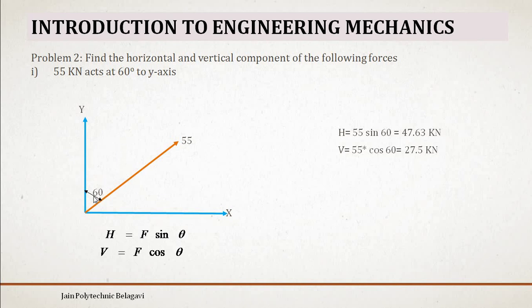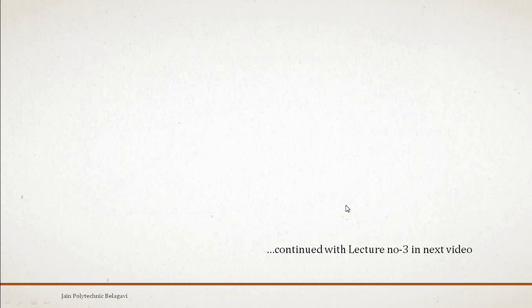Because theta is resting on the y-axis. So F cos theta is adjacent upon hypotenuse, so it is nothing but F cos theta. So vertical is 55 into cos 60, you will get 27.5 kilonewton. So the horizontal component and vertical component of the following forces we have found out. Thank you students. We will continue in lecture number 3.